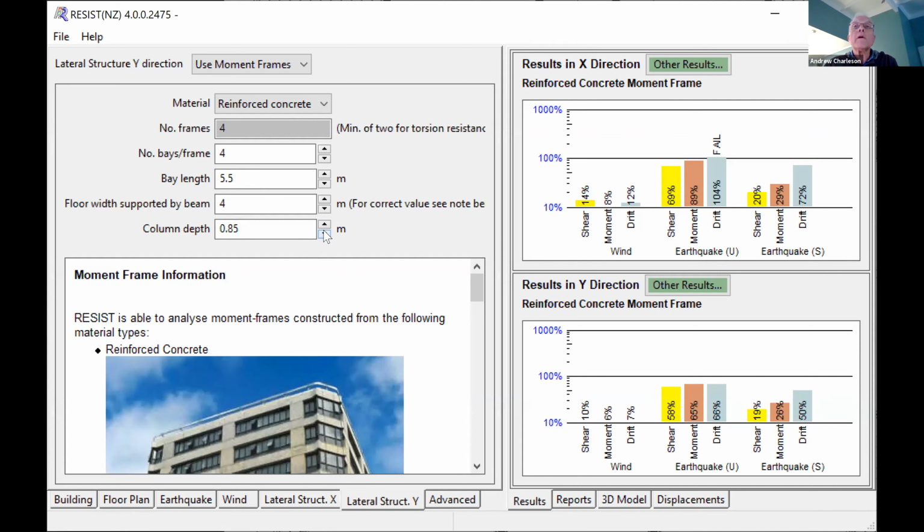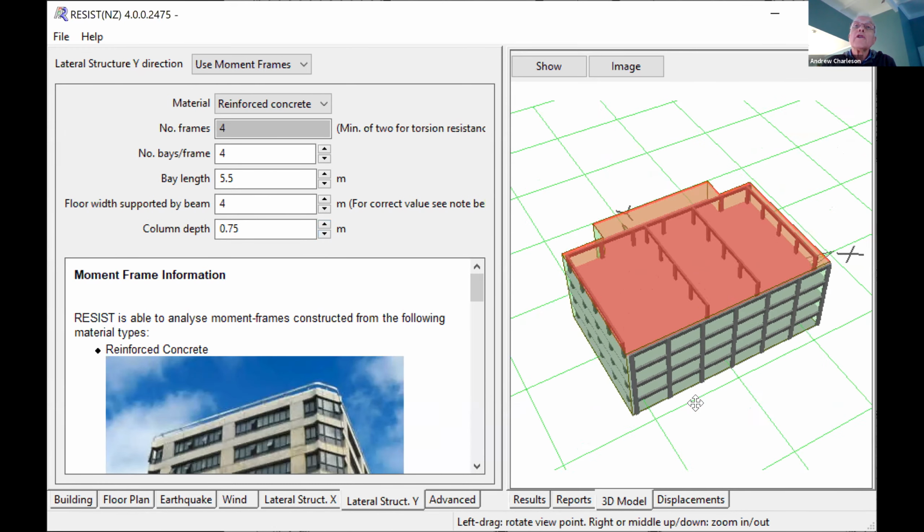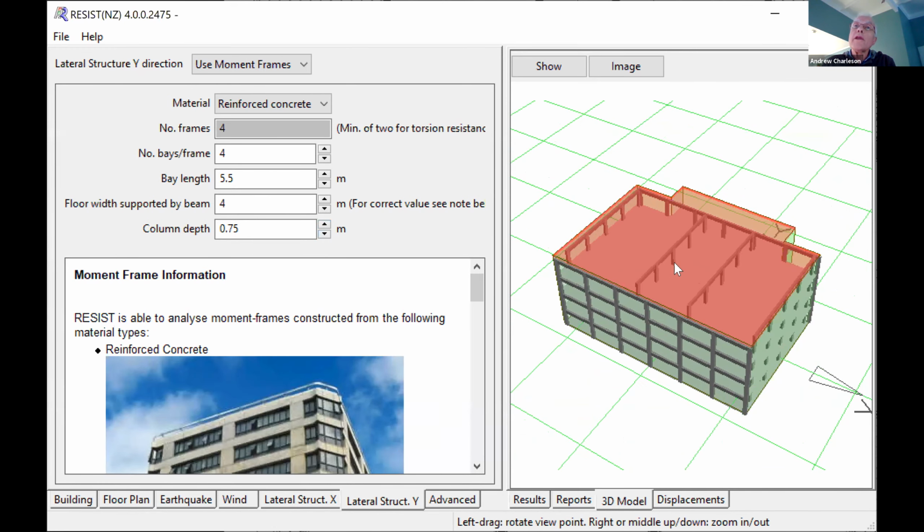I can reduce them. Now they are 75 centimeters deep. Okay. And it's up to me as the designer to make a decision on whether these frames can be integrated with the planning of the clinic or not.